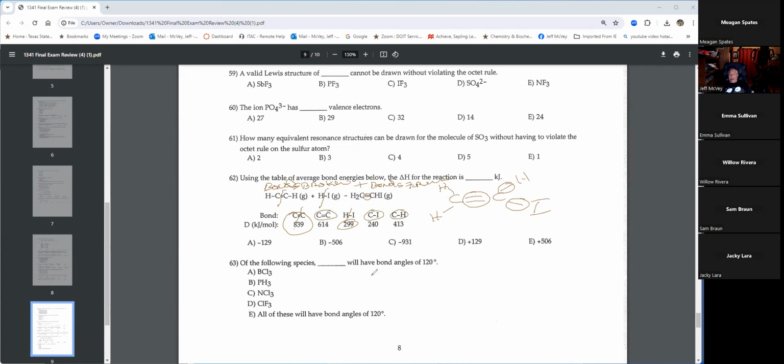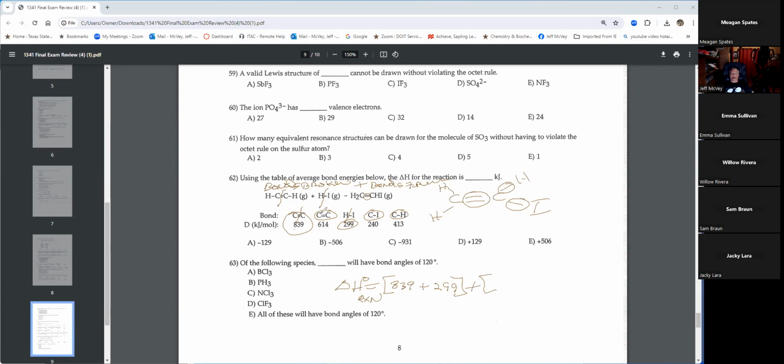So my delta H for this reaction, this is under standard conditions, bonds broken. I'm breaking a carbon-carbon triple bond. That'll be a positive 839 plus I'm breaking a hydrogen iodide bond. That'll be a positive 299. And then I'm going to add to that all the bonds that I'm forming.